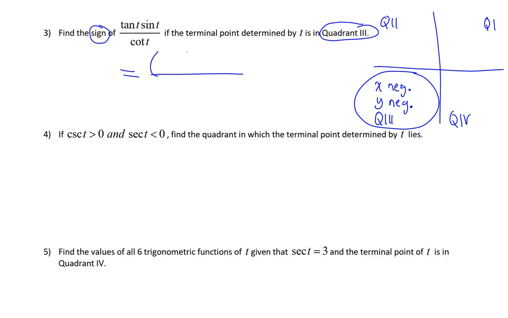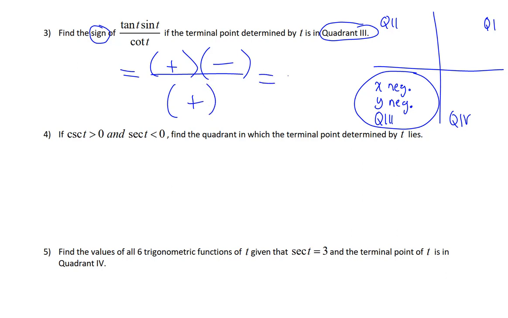So y over x for tangent would be negative over negative, which is going to be a positive. The sine of t, that's the y value, is going to be negative, as we discussed here in our quadrant. And then down below we have cotangent. Now cotangent is x over y as we defined above, but if they're both negative, negative over negative is going to be a positive.